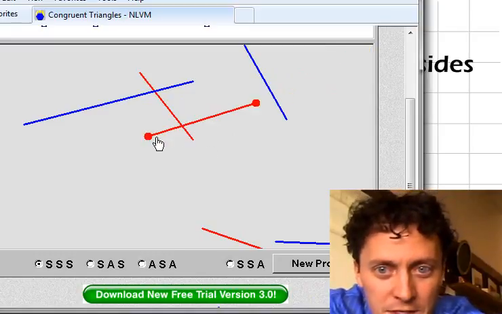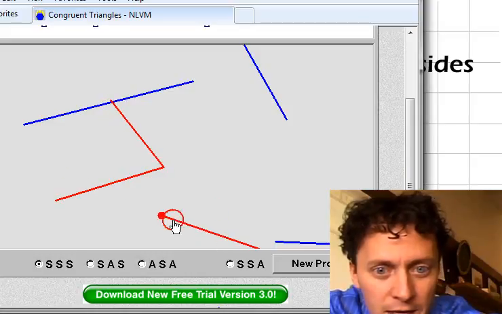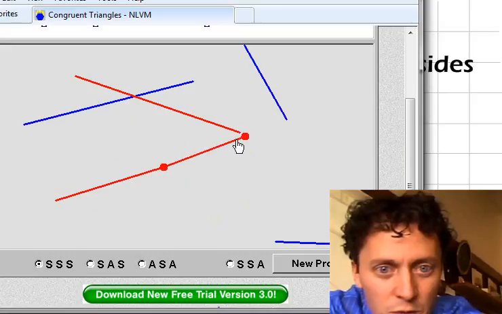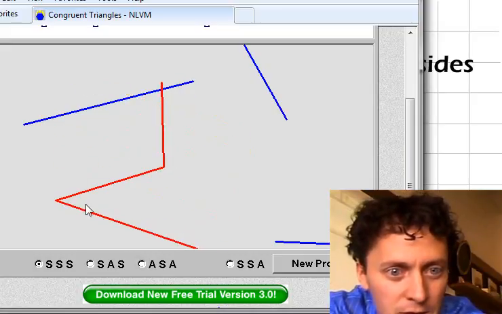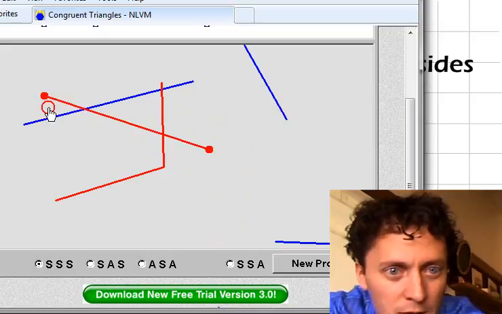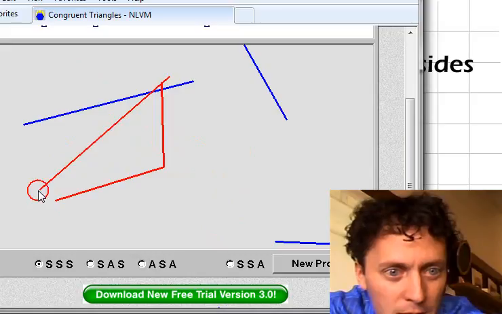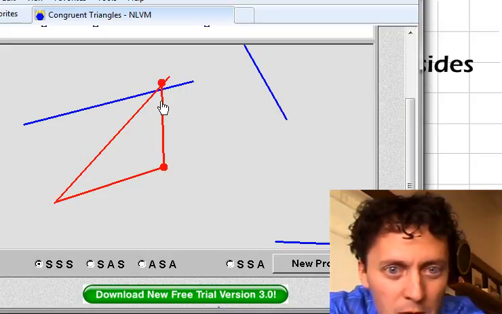And what they've done here is they've given me these 3 lines in red that I can connect together, and they've given me 3 lines in blue that I can connect together. Now if I can do this. Okay, here we go.